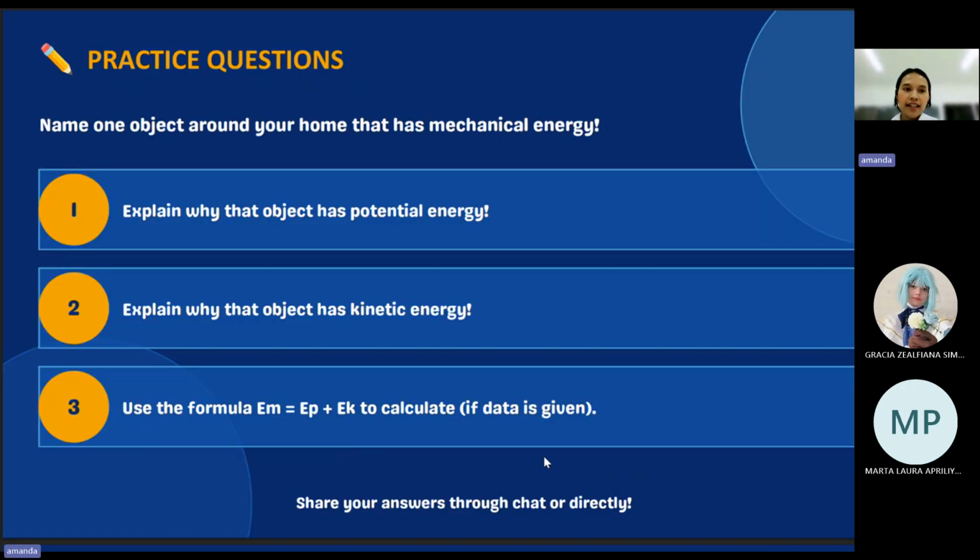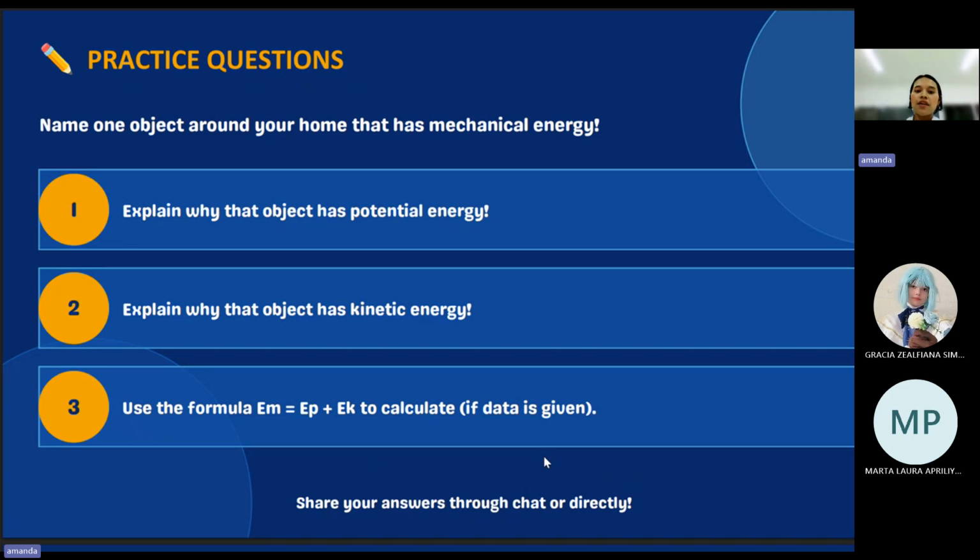The next slide about practice question. Now it's your turn to participate. I want you to think about this practice question. Number one, name one object around your home that has mechanical energy. Number two, explain why that specific object has potential energy and why it has kinetic energy.